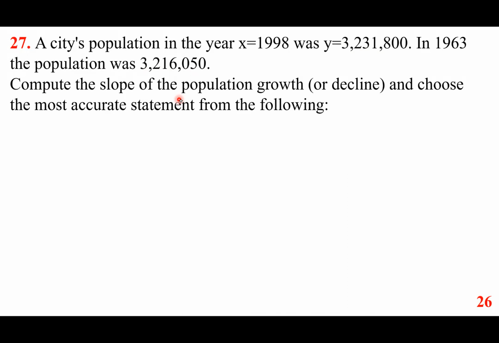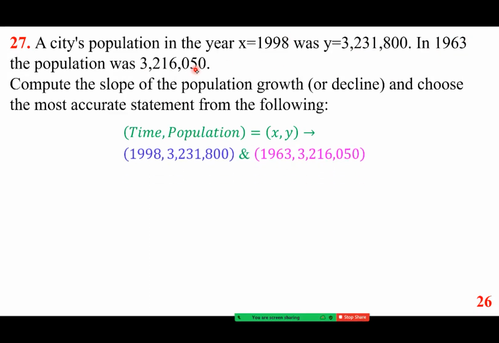So, time and population: time is the independent variable, and the population y depends on that. So we have the pair x comma y, and for this one, we're going to write this 2, and for this one, we're going to write this 2. And now we use m equals y sub 2 minus y sub 1 over x sub 2 minus x sub 1, rise over run.